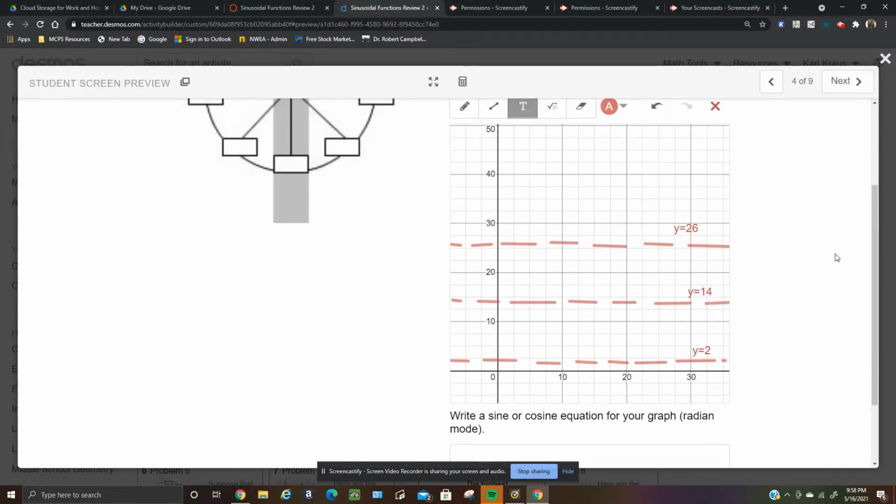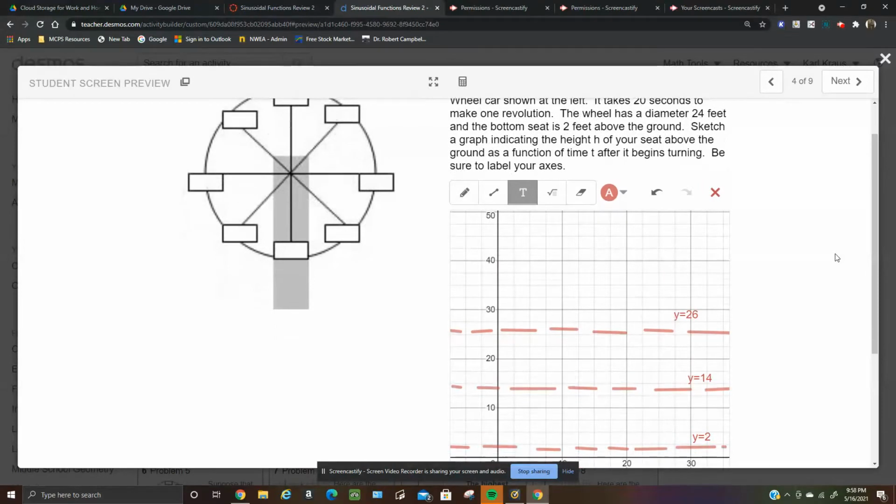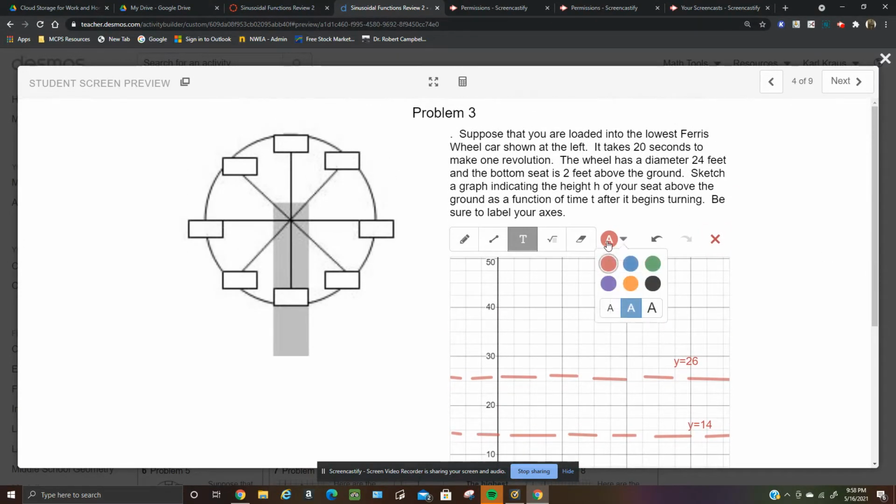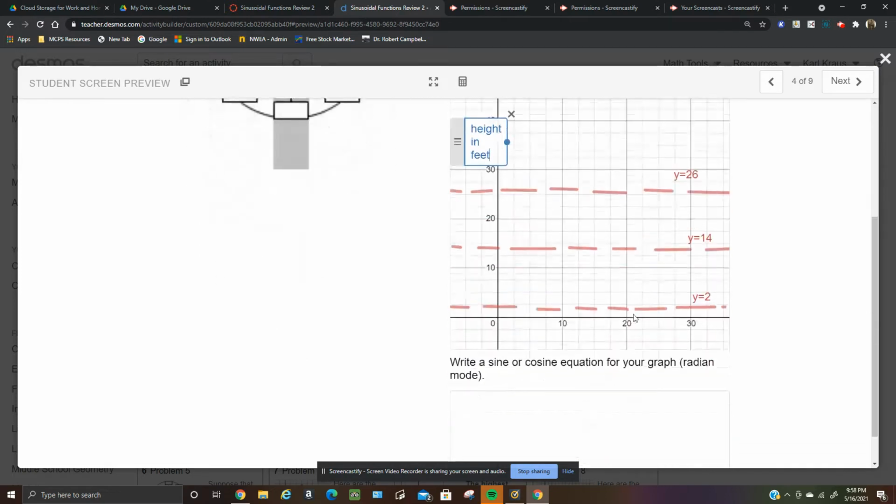All right, and then this here would be height in feet, and here's time in seconds.